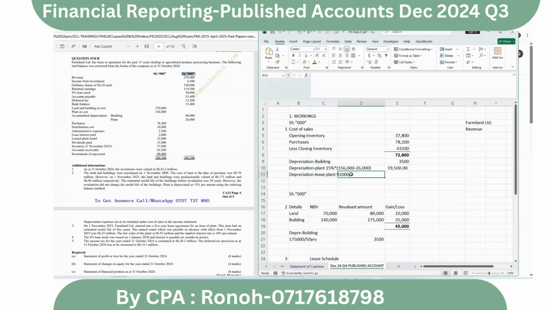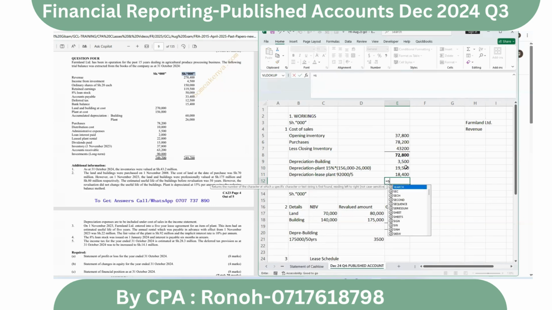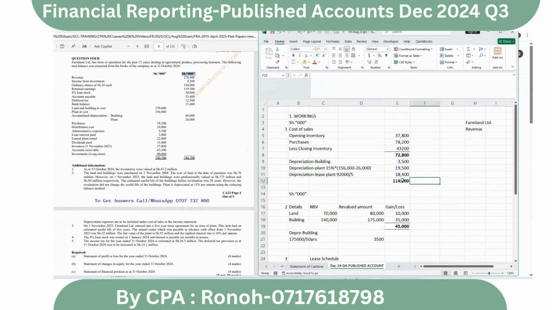So get the depreciation. So that is the depreciation. So we have now the total cost of sales. So this is our total cost of sales.